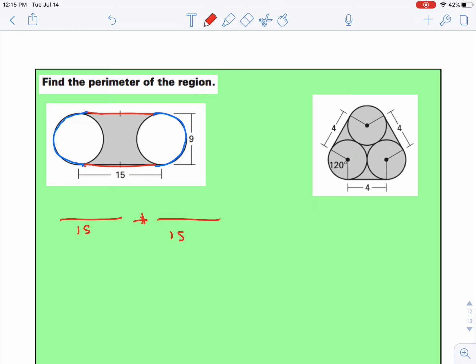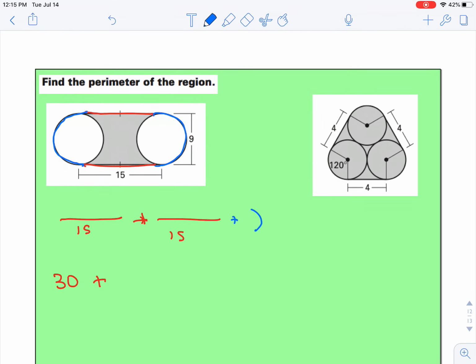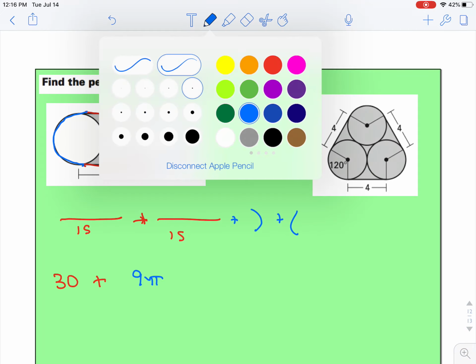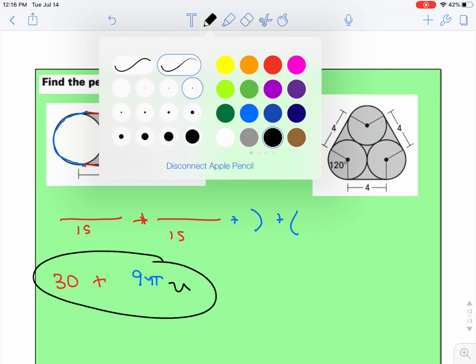Well, this piece we know is 15 plus the other one, 15, which is going to give us 30 for those. Then we have to add that half of the circle plus that half of the circle. But notice then that's really just adding one whole circle. So the perimeter of the circle is pi times diameter, or 9 pi. So now we get 30 plus 9 pi units.